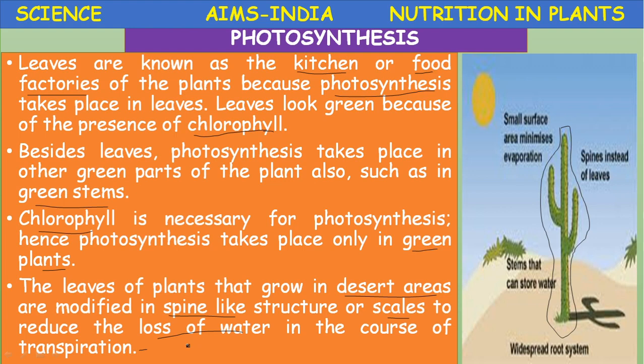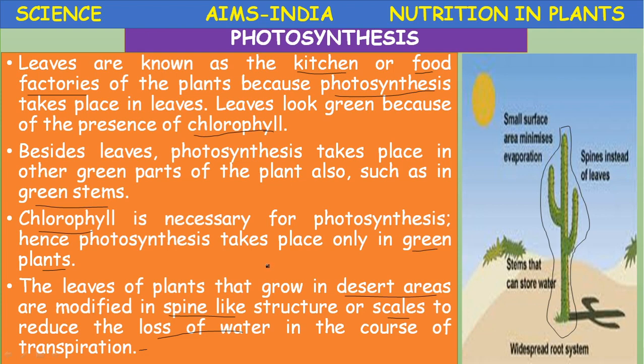As we discussed, leaves are involved in three main functions. One is photosynthesis, second one is transpiration, third one is respiration. Transpiration cools the plant, but particularly in the leaves tiny holes are present. What are they called? Stomata.